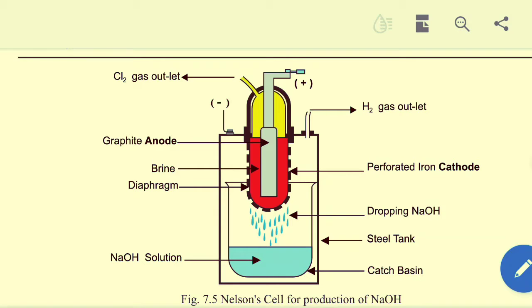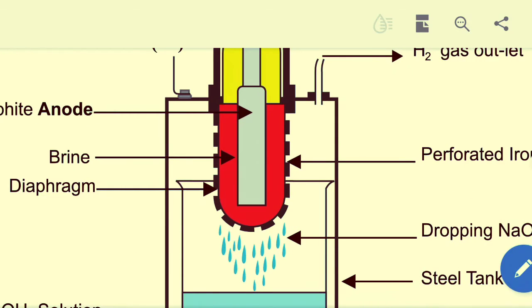Perforated means having holes. In the middle there is a graphite anode, which is gray in color. Red is the brine solution, and the black lining is the perforated iron cathode, meaning it has holes in it.